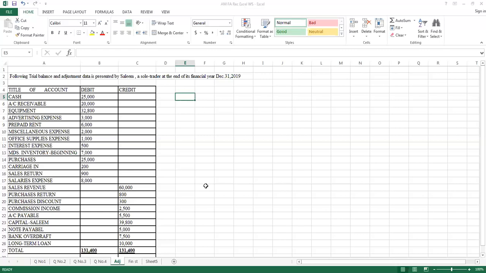So first, I'm giving you some food for thought. Just suppose I give you a transaction that a business paid rent expense of rupees 5,000, and ask you what entry you will prepare with the help of this amount.